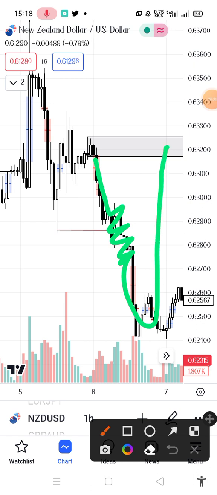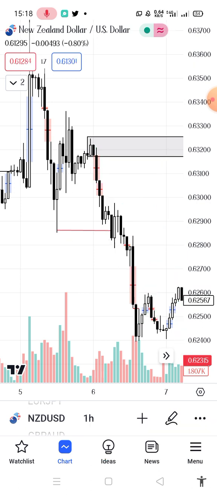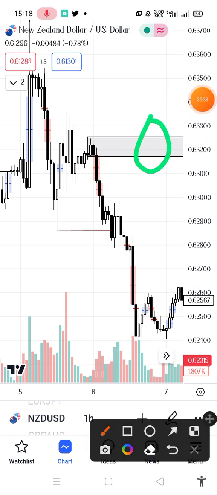So I told you this is an impulsive move or expansion, so we want it to correct itself, come here, touch here, and keep selling. So this is an order block. This is a bearish order block.